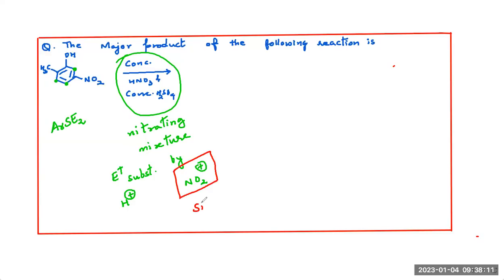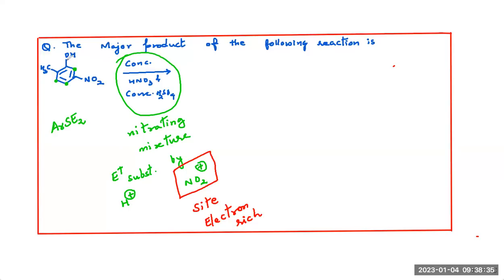The site of the benzene nucleus which is electron rich. It will attack that site of the benzene nucleus which is electron rich. Now, positive inductive effect of substituent as well as steric hindrance we have to check.